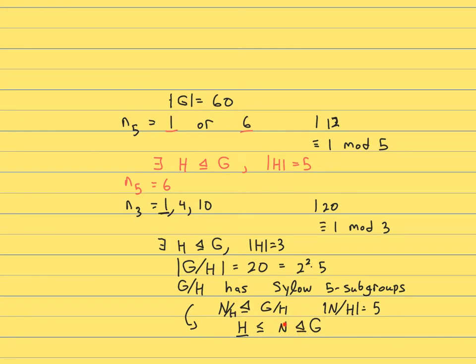So you now have a normal subgroup N of G, such that when you quotient by H, you get this normal subgroup of G mod H. Moreover, how big is N? Well, it's size 15. So what is N? It's a group of order 15. We've already discussed that that means it's the cyclic group. And it's normal in our group G.